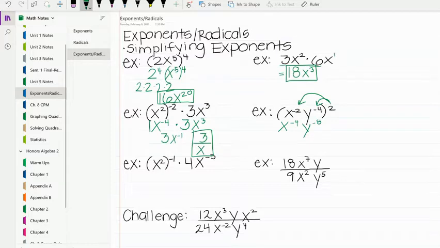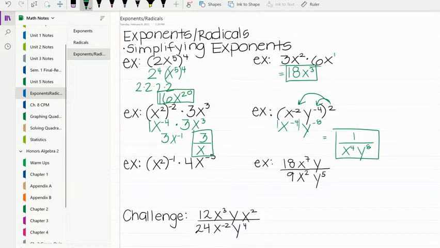So we're going to move both of them to the bottom. It'd become x to the positive 4 and y to the positive 8. And then the coefficient, the number in front of the variable, will go on the top. In this case, it would just be 1. Remember, there are invisible 1s there technically.